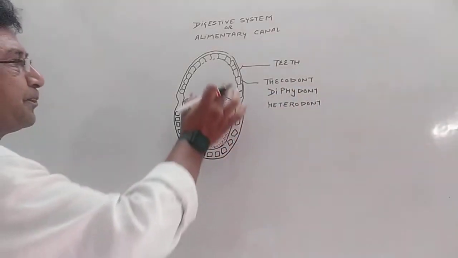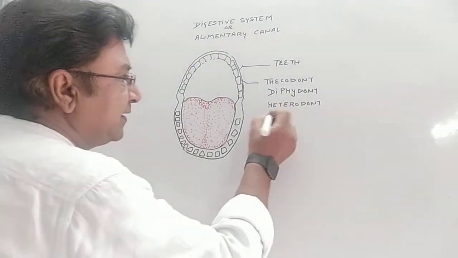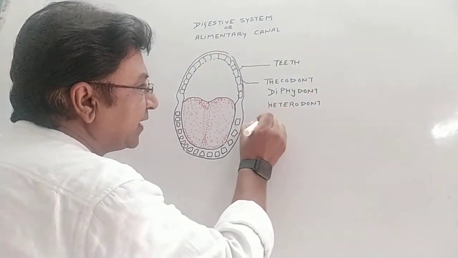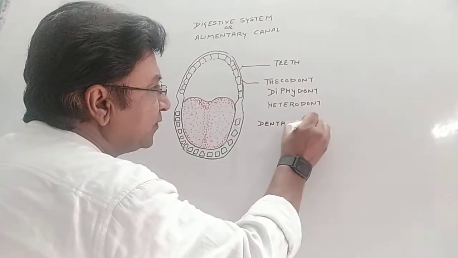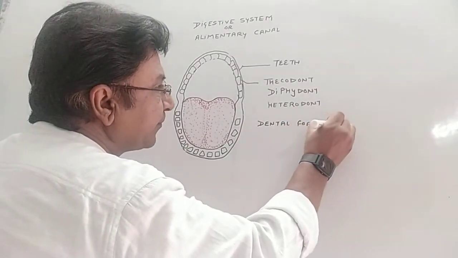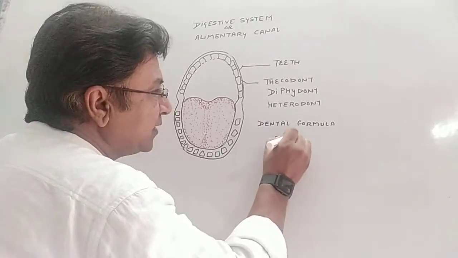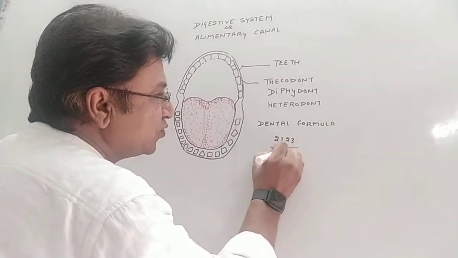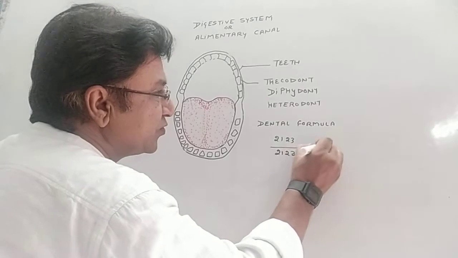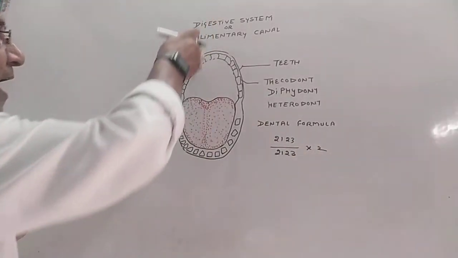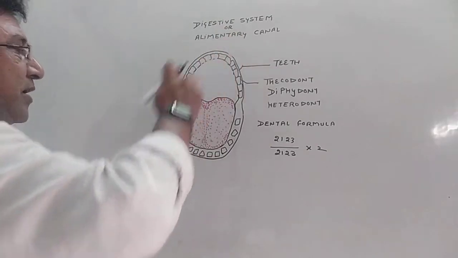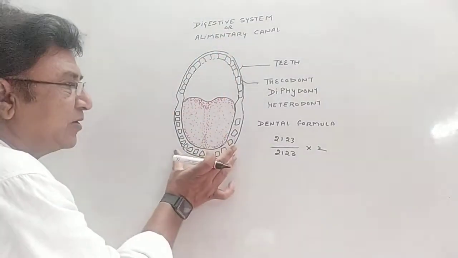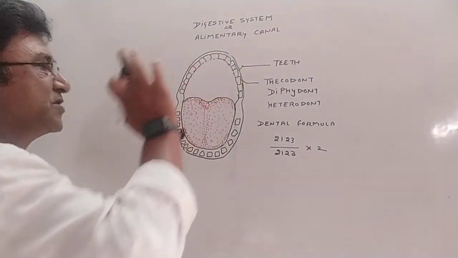Okay, now for teeth we have a formula, the dental formula. What is that? 2, 1, 2, 3 upon 2, 1, 2, 3, into 2. What do you mean by that? Just halve the jaw structure. These are two jaws, upper jaw and lower jaw. Always remember only the lower jaw moves, the upper one is fixed.